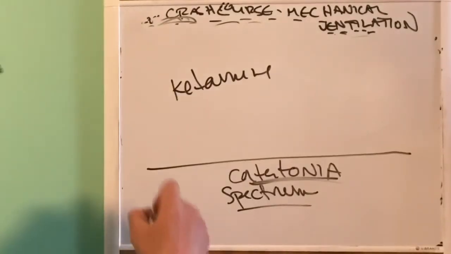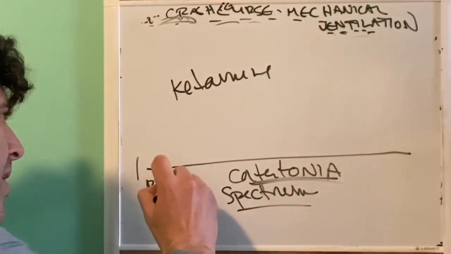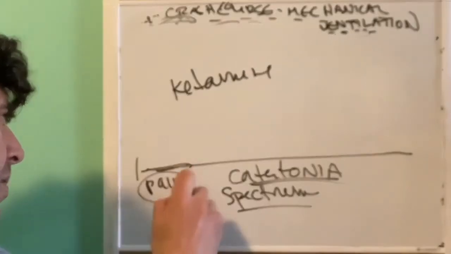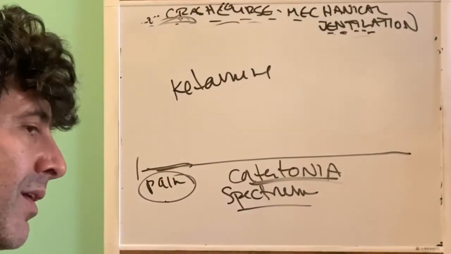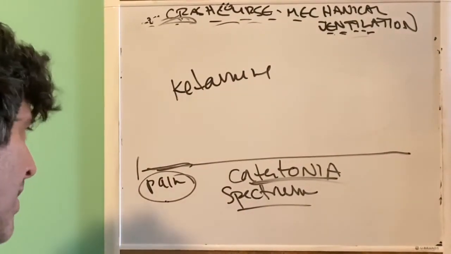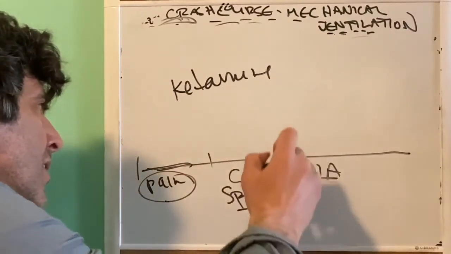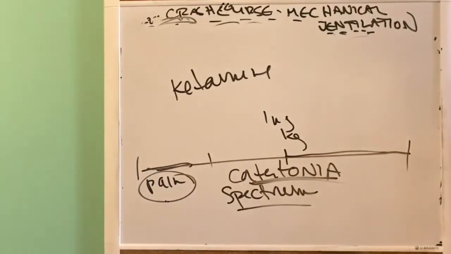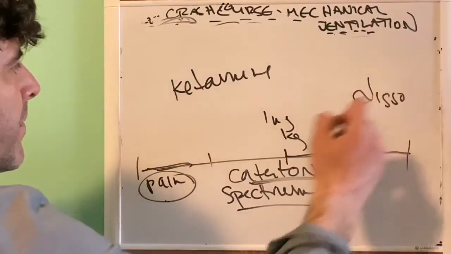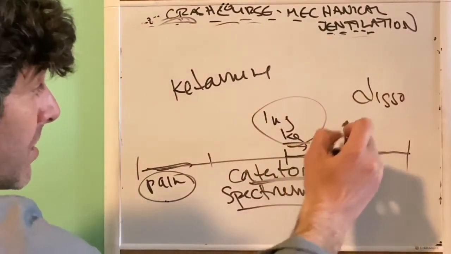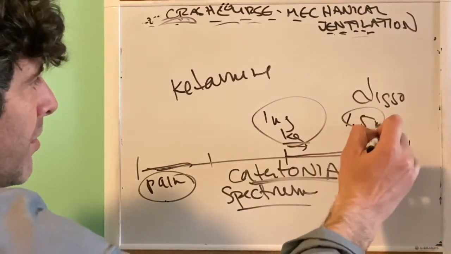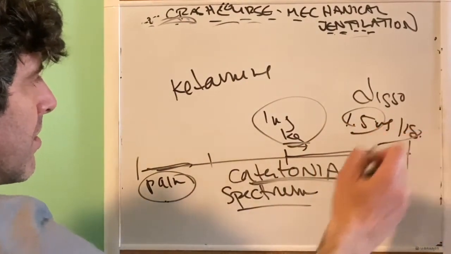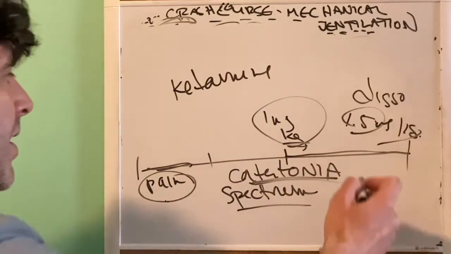So you can use it at smaller doses, which are pain doses. Again, you are probably less able to cortically process the pain. As you increase to 1 milligram per kilogram, it starts to get pretty severe until you're fully dissociated. Usually a bolus of 1.5 milligrams per kilogram will get you dissociated until people are fully catatonic.